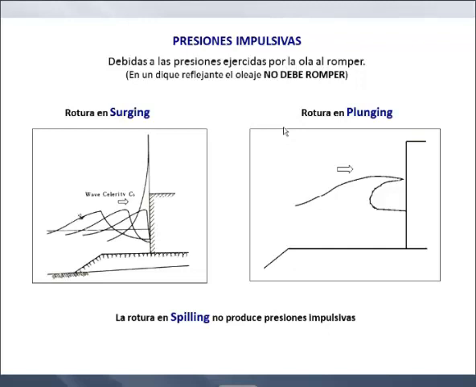Here you have more pressure, here you have more pressure, and here you have enormous pressure. That is like if a bee stings you. If a bee stings you, it is harmful. But it is completely different. Having a very high pressure in one point, than having all the walls being hit by this pressure.